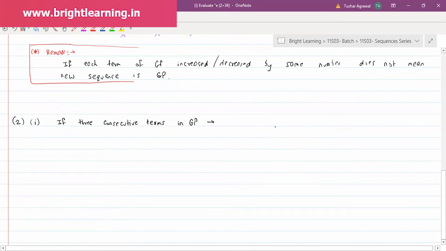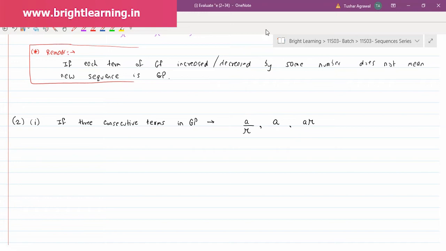So what I do, I take the middle term, and the next and previous terms form a very nice pair. A multiplied by R, and here it will be A divided by R. In the backward direction, we do the division. Okay.